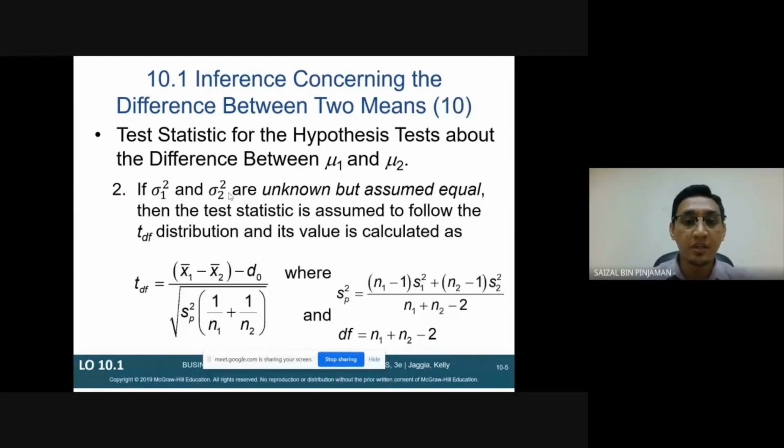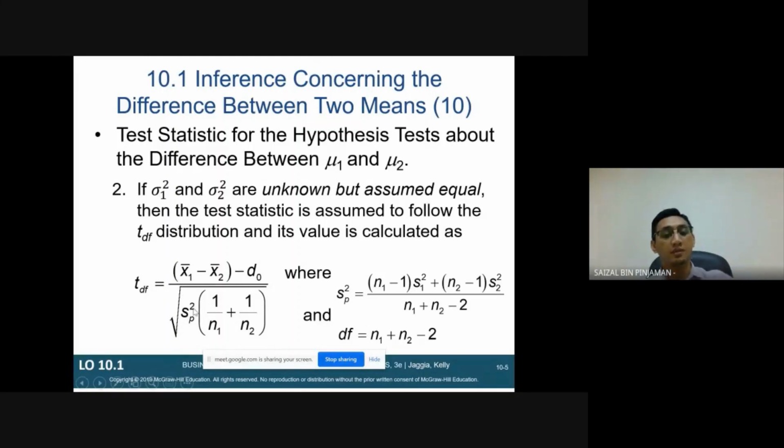On the other hand, when the variance for both populations are unknown, but we assume them to be equal, in that case, instead of using the z distribution, we are going to use the t distribution, and its value is calculated as t, degrees of freedom, is equal to mean for sample 1 minus mean for sample 2 minus hypothesized difference divided by square root.